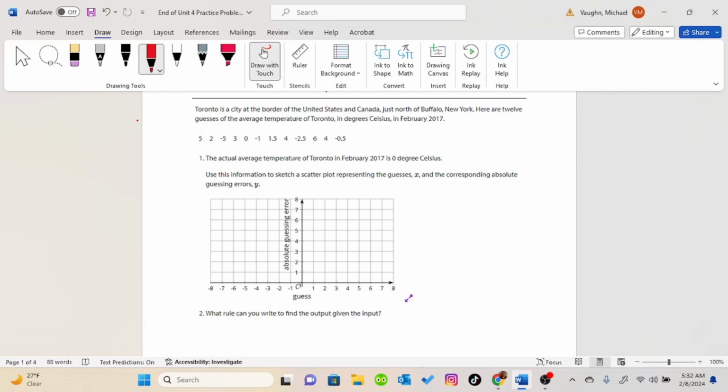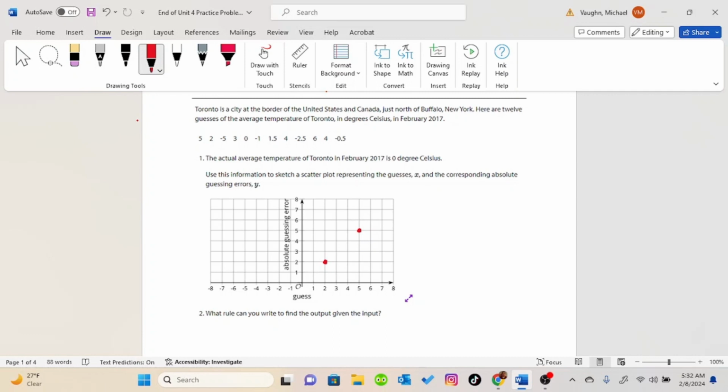So we have a guess of 5. That means we go over to 5, and that guess is 5 away from 0. So we put our first point. Then we have a guess of 2, so we go over to 2, and that is 2 away from 0. So we plot our second point.